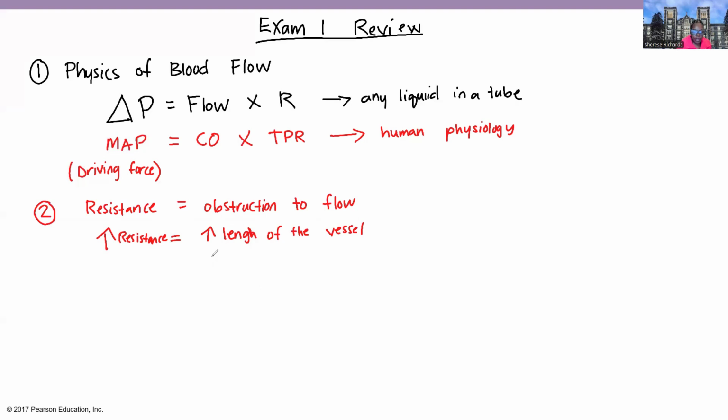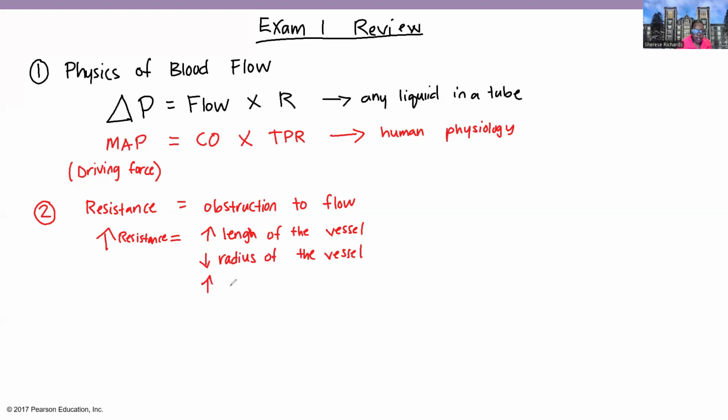As we have a decrease in the radius of the vessel, the resistance goes up. Okay, smaller radius, smaller diameter, increased resistance. And then viscosity was the other one.